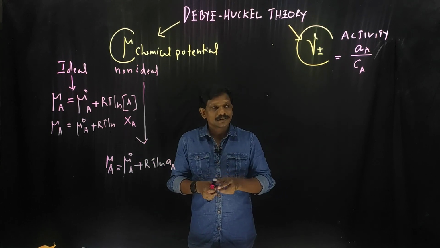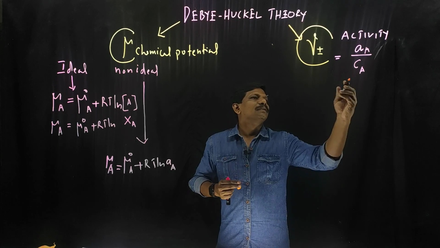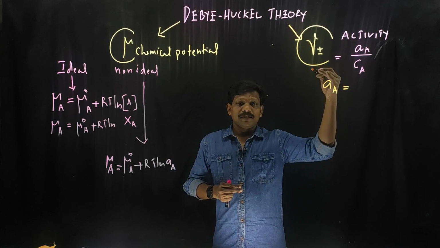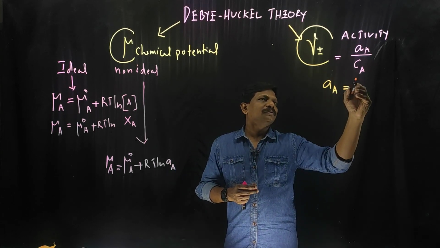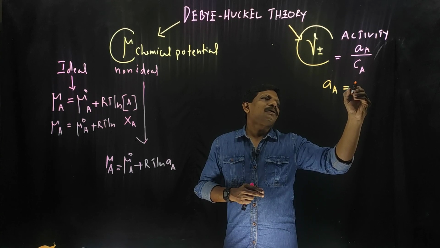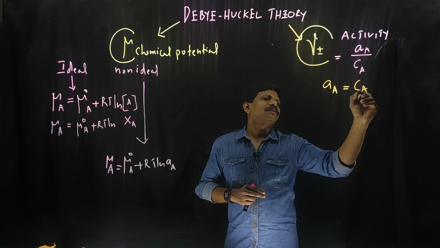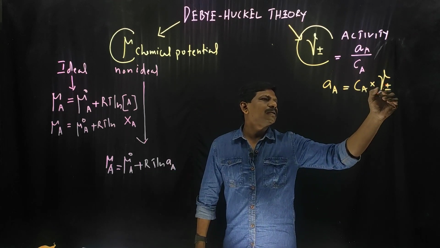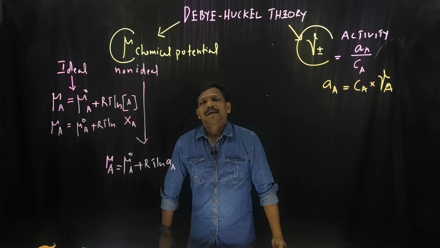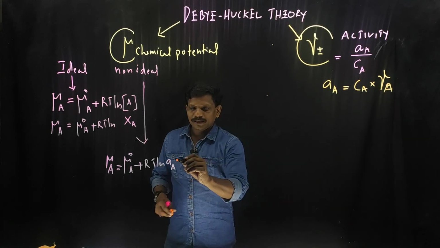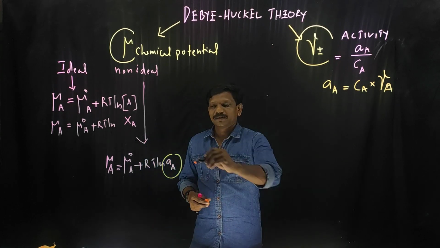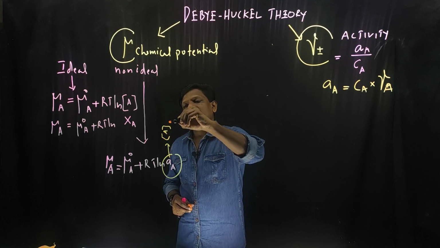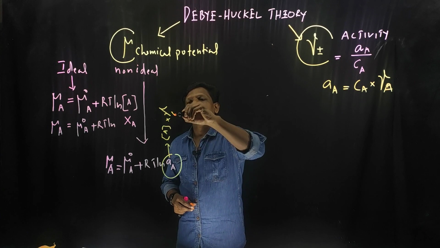From this equation you know that this activity, the perceived concentration, is equal to the real concentration of A times gamma plus minus, or for simplicity you can write gamma A. So the activity is equal to the real concentration times the activity coefficient.